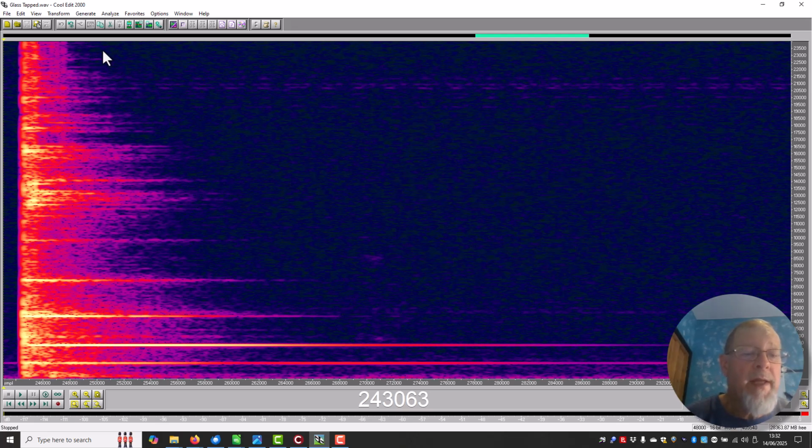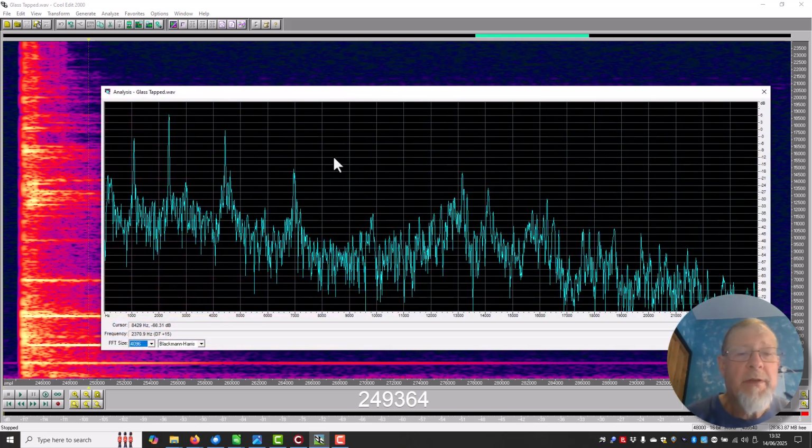And if we bring in the spectral analysis, we can see we've got peaks at just over 1,000, 2,000, 3,000, 4,000, 4,500, 7,000 and nearly 10,000.